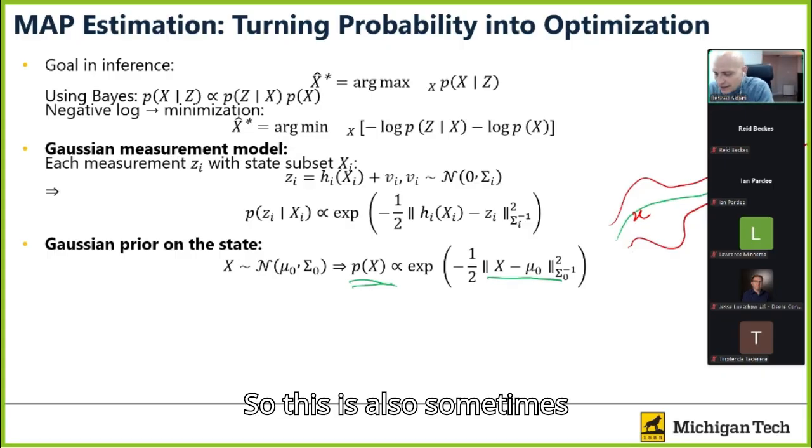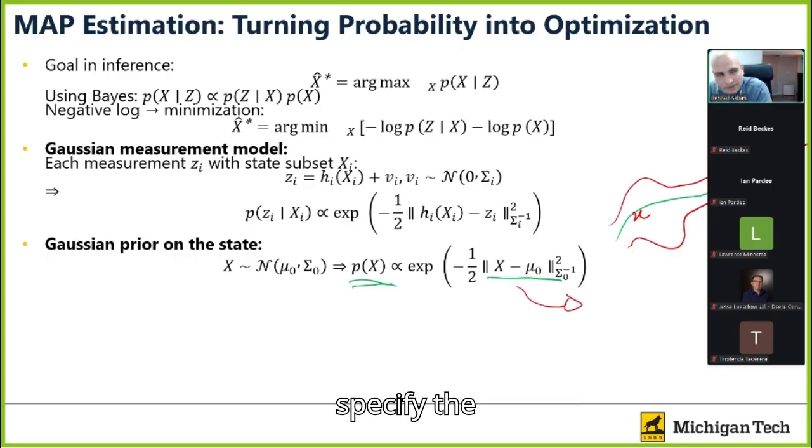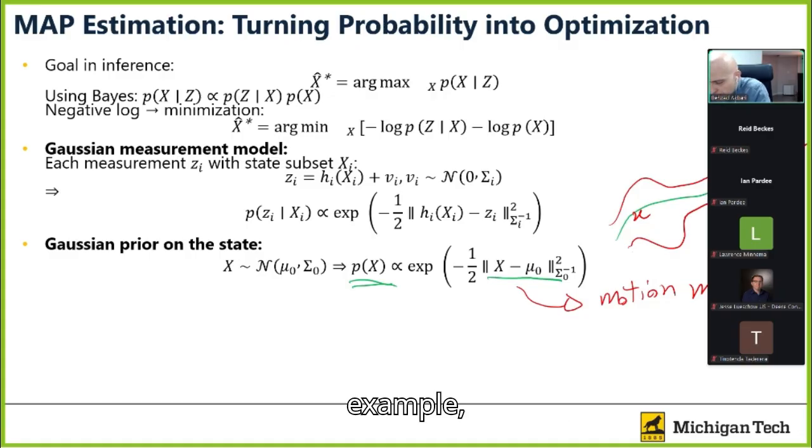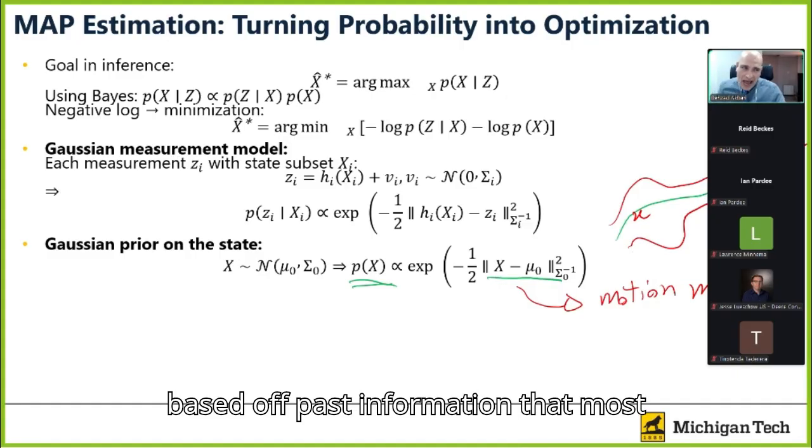So this also sometimes specifies the motion model too. So you want to see, for example, the estimated value based off past information.